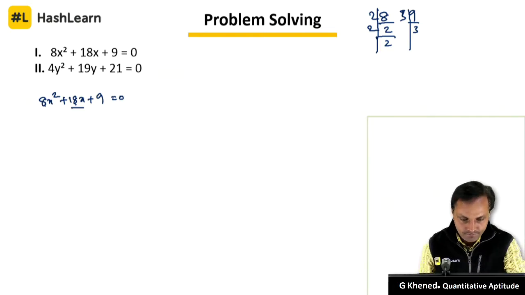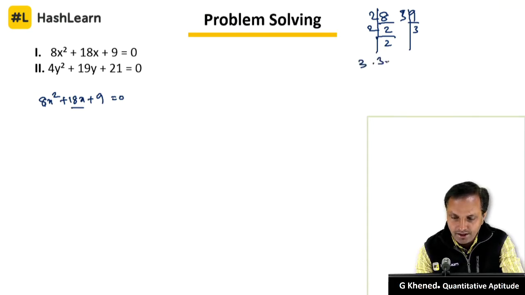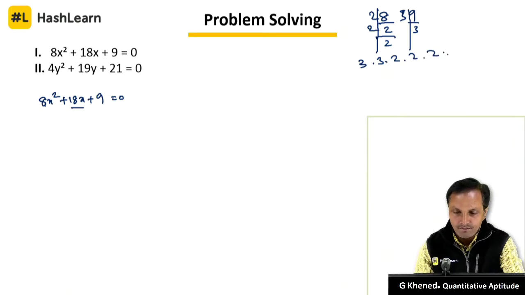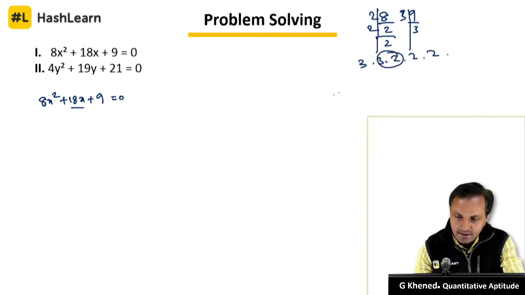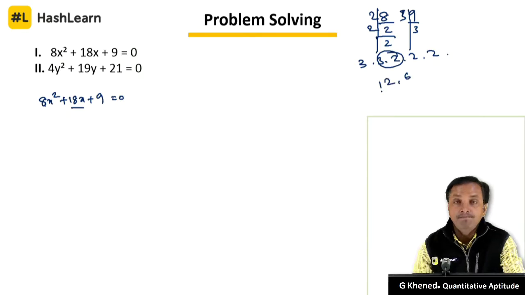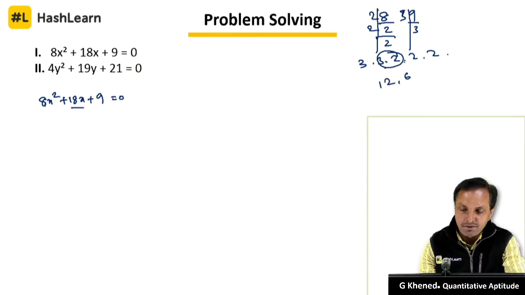So 18 is 9 plus 6, no. These are 3 into 3 into 2 into 2 into 2. You should make the pair in such a way that you get 18: 6 and 12. The factors are 3 into 2 is 6 and 4 into 3 is 12.